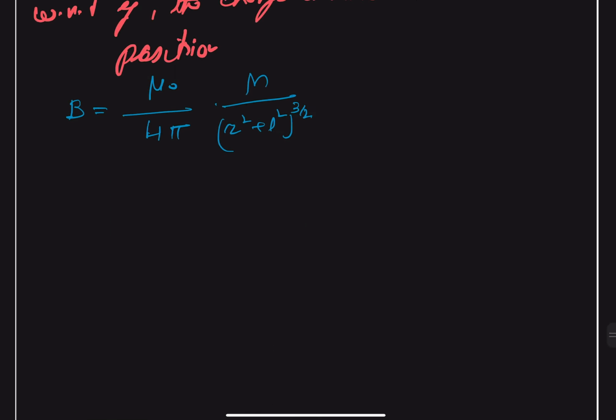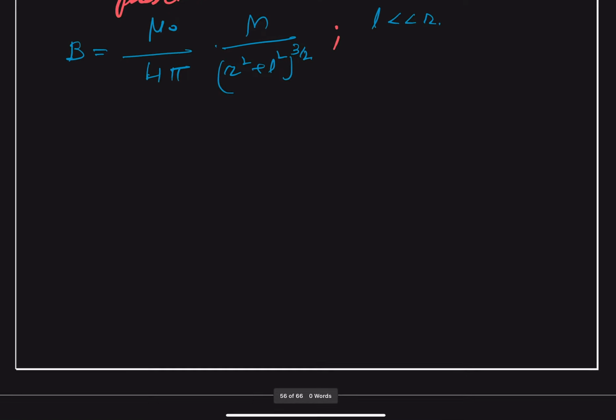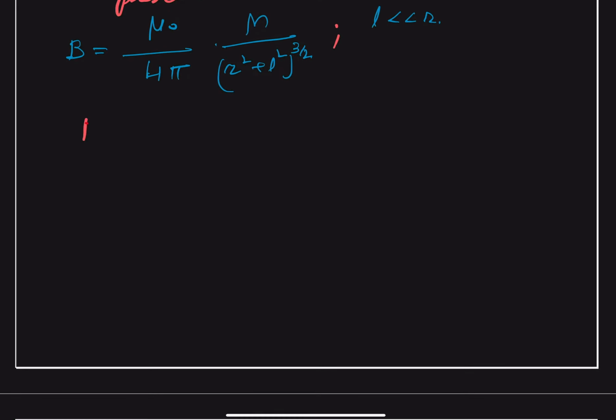And once again, our L is very much less than R, so this gives us that the magnetic field will be equal to mu naught by 4 pi, and this comes as, oh sorry, here it should be mu, and this is mu upon L cube.